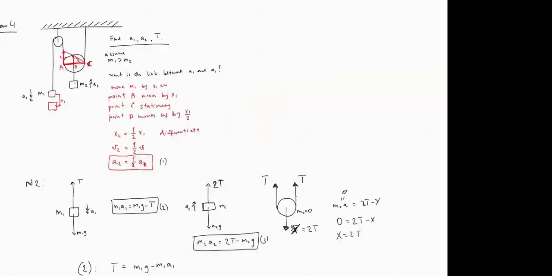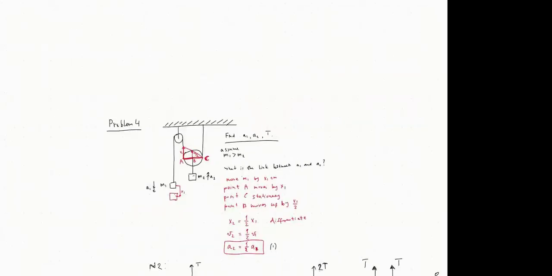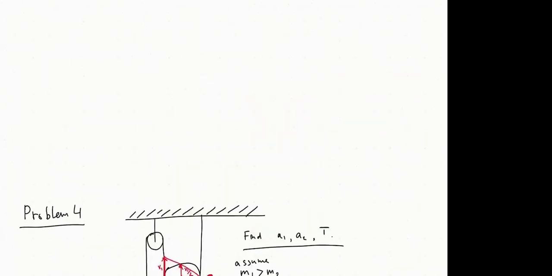So bottom line is you figure out how the accelerations of the particles are related. Usually they're the same, or they're different by a factor of 2. So let's compare what we did before. In the previous question, we had m1 and m2 connected by a fixed pulley, and we knew that acceleration a1 is equal to a2.